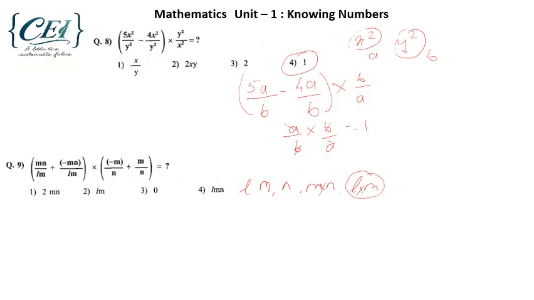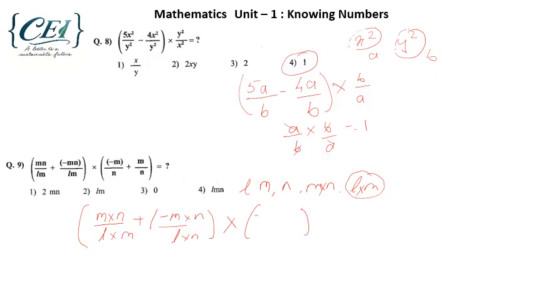First one, mn. How is it? It is m into n upon l into m plus minus m into n upon l into n, correct? This is first one. Into, again, okay, we will solve it on the later part.